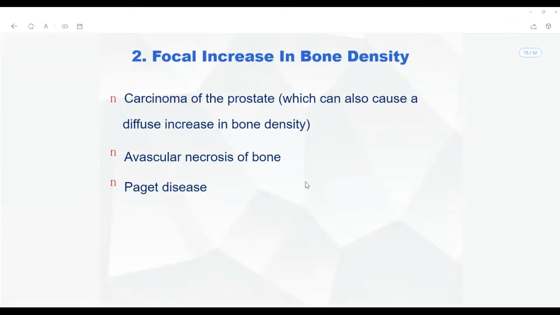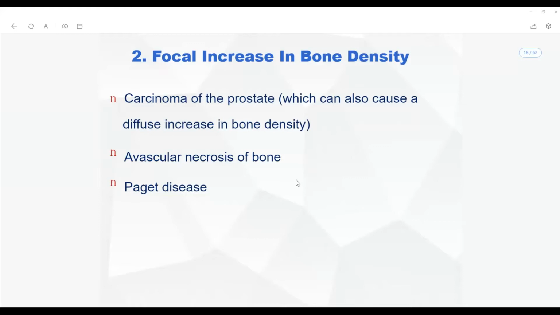And the same thing happens in the situation where necrosis of the bone is also seen, and such a process is called avascular necrosis of the bone. And then there is a particular disease related to calcium metabolism as well, which is called Paget's disease. In Paget's disease, there will be hypersclerotic lesions.